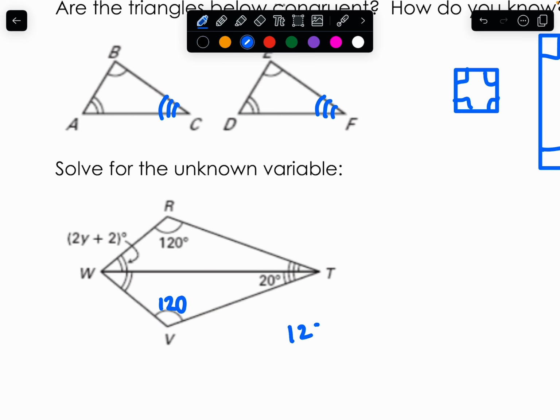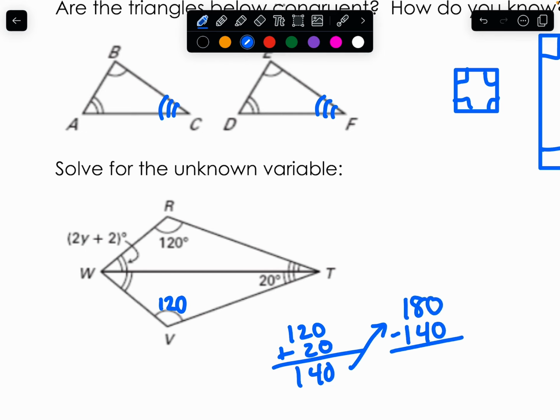So let's figure out the missing angle. So 120 plus 20. 180 minus 140, and we'll get our missing angle, which is 40 degrees. All right, so now that these two match up, I'm going to do part equals part.